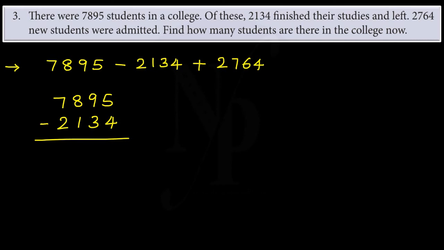Subtracting 4 from 5 I get 1, and subtracting 3 from 9 I get 6, subtracting 1 from 8 I get 7, subtracting 2 from 7 I get 5. 5761 is the difference. So now I should add 2764.